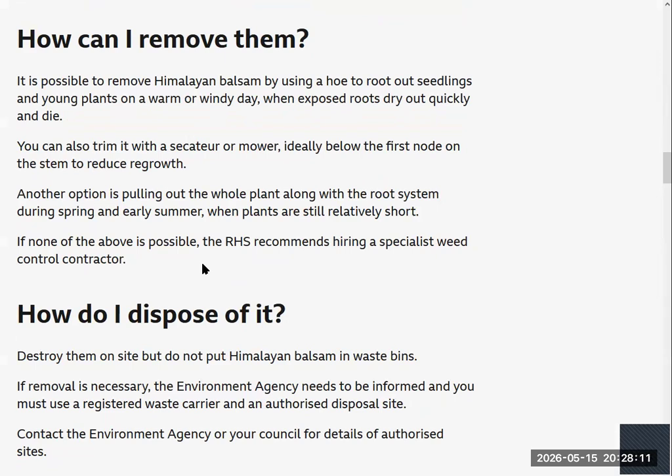It is possible to remove Himalayan balsam by using a hoe to root out seedlings and young plants on a warm or windy day. When exposed, roots dry out quickly and die.